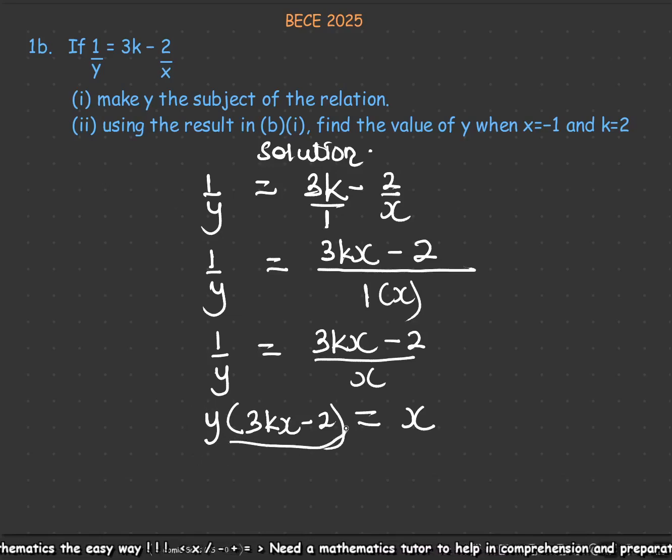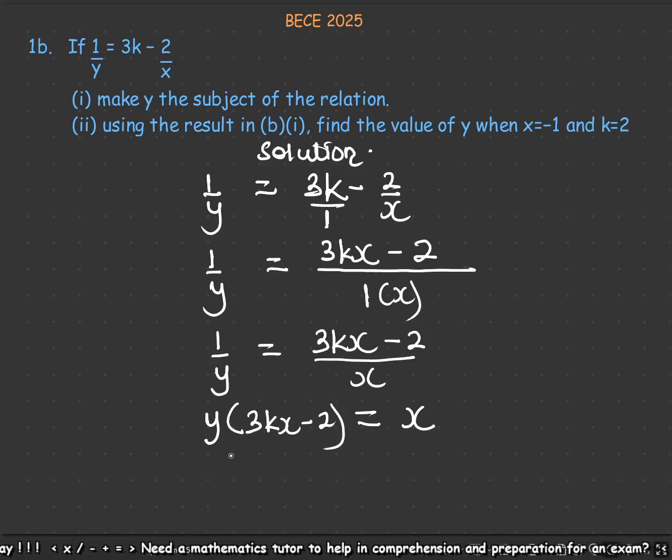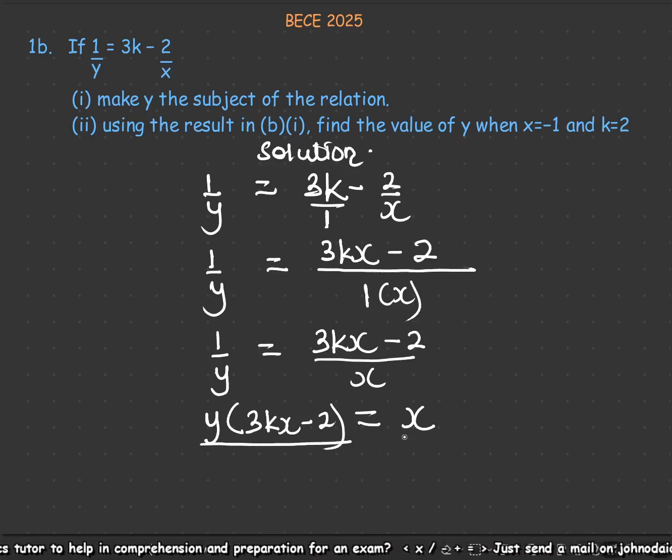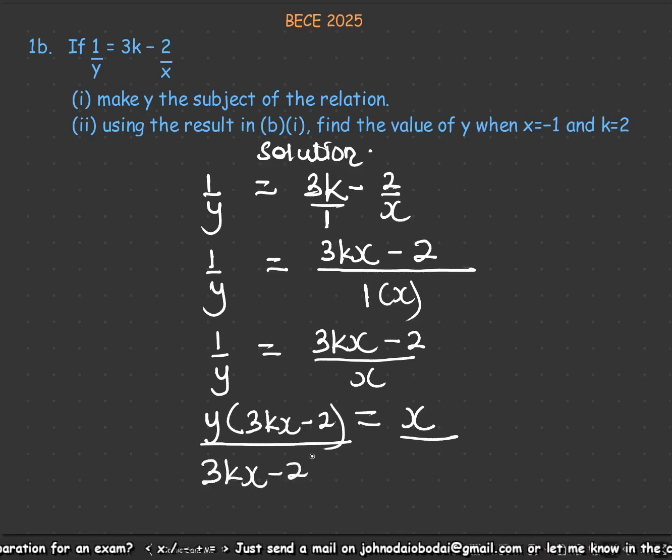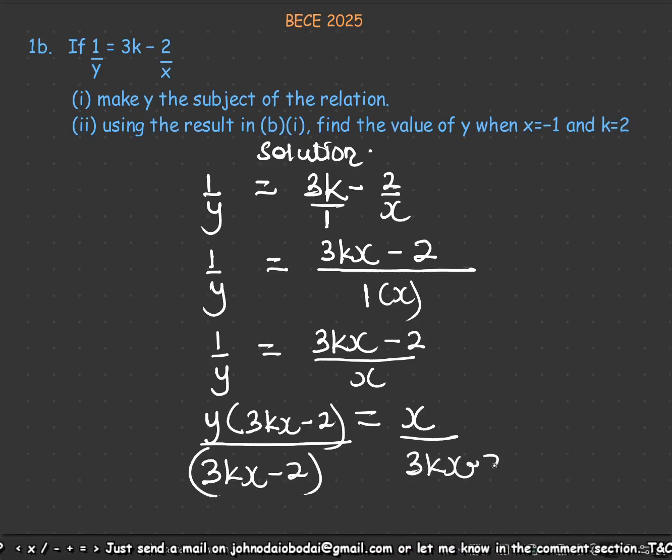So at this point now, it is y we want. And we have realized that all of this is multiplying y. And since it is multiplying, why not use its inverse operation, that is division? You see? So let's divide both sides by this stubborn term here that is worrying y. So 3kx minus 2. Then we do the same thing over here.